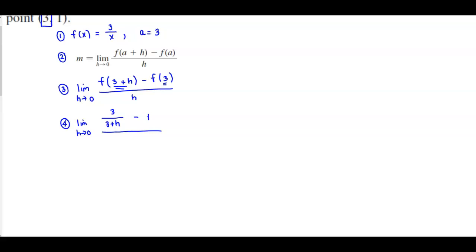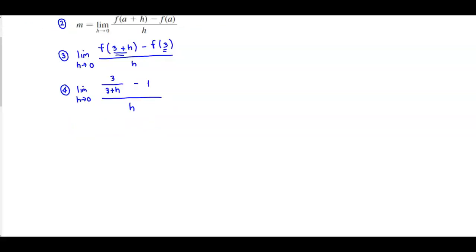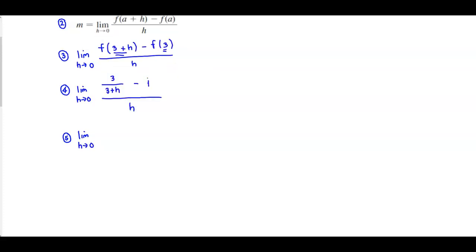And then we're going to divide that by h. So now we want to combine the numerator. In order to do that, we're going to multiply that 1 by 3 plus h over 3 plus h.